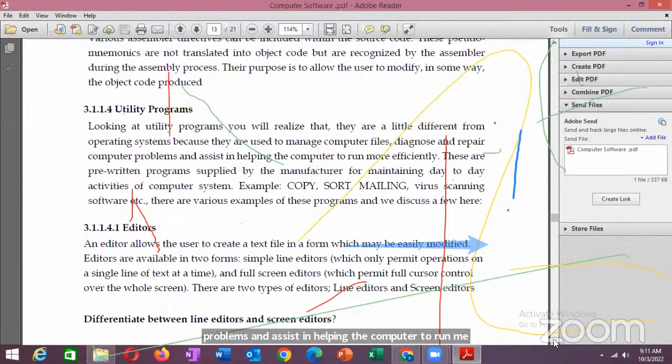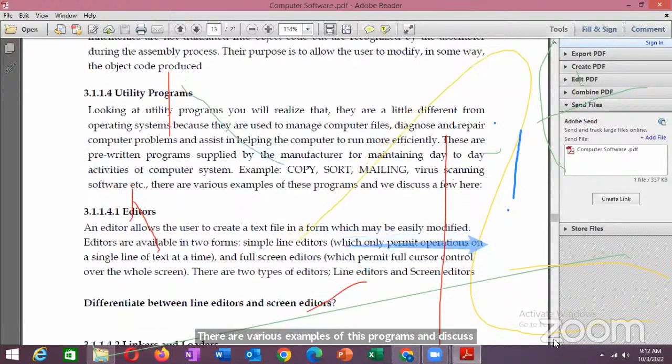So these are pre-written programs supplied by the manufacturer for maintaining day-to-day activities of computer systems. Examples are copy, sort, mailing, virus scanning software, etc. There are various examples of these programs, and we'll discuss a few.